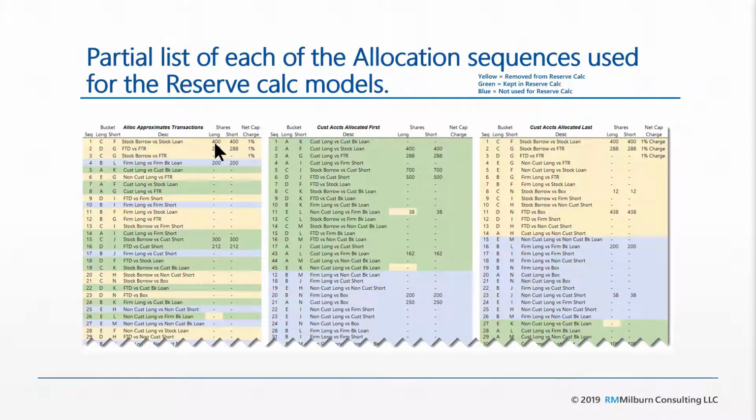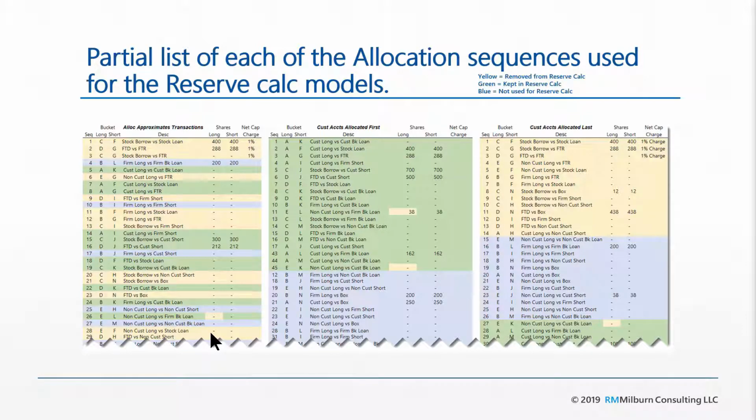If you have shares in the left bucket, then you look to see if you have any shares in the right bucket. If you do, you take the smaller of the two, and that will become the total amount paired off. And then you go back to the bucket and subtract that amount off from each side. You keep doing that until you have completely allocated all of the buckets.